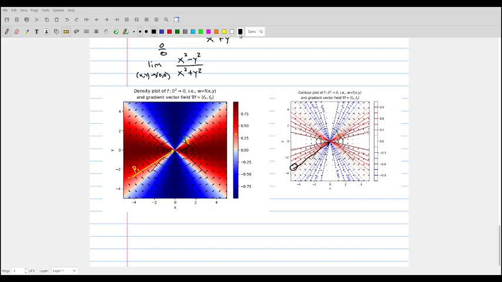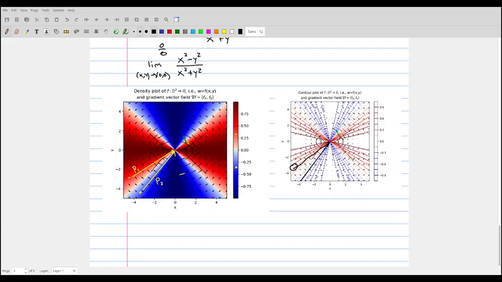I'll make it yellow so you can see it better on the density plot. The limit of the function along this path, call it path 2, has a value of around negative 0.3, which exactly corresponds to this one right around here, which is exactly around negative 0.3.